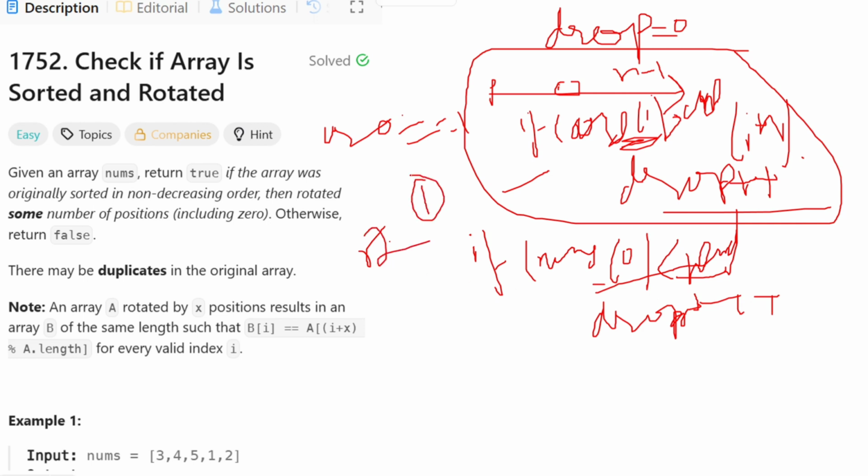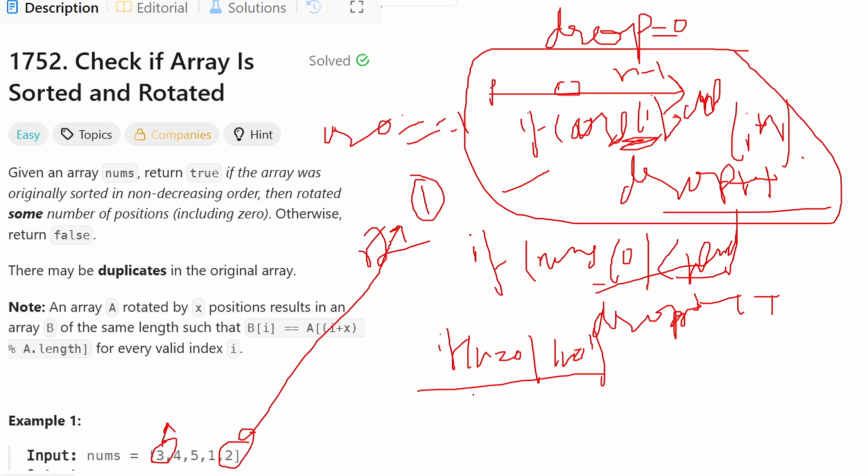It will become 1 only if our front element, our beginning element, is always bigger than the end element. In this one case only, our drop will become 1. So now simply return: if drop equal to 0 or drop equal to 1, either of the two cases, we will return true. If not, we will return false.